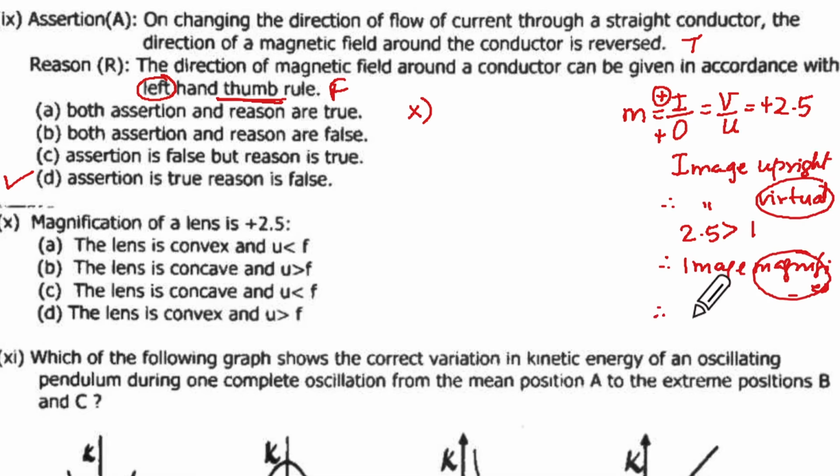So will it be a concave lens or a convex lens? Where will I get a virtual magnified image? In a magnifying glass? Will I get it in a magnifying glass?